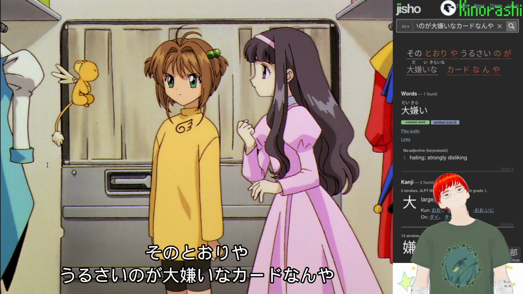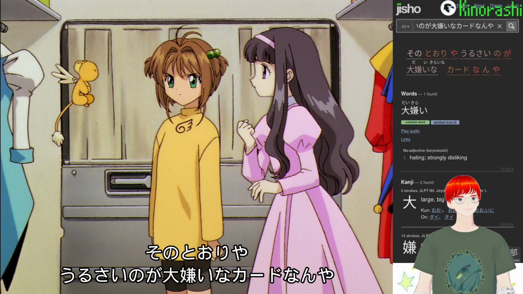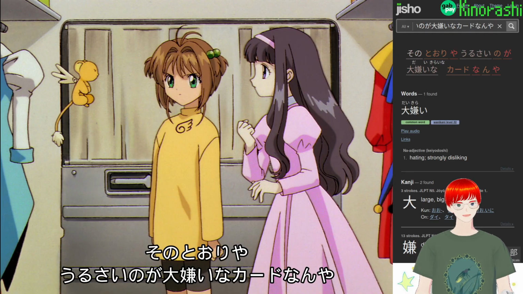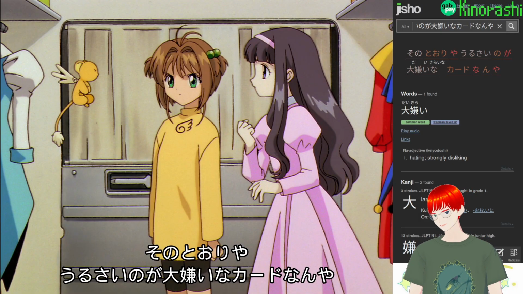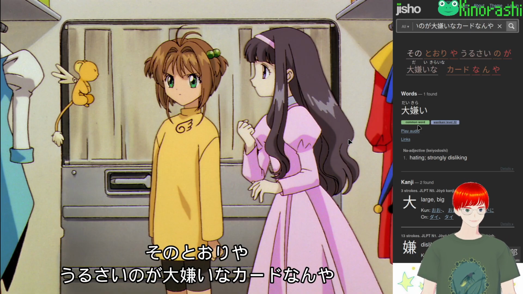Now, how does this mean that the kado hates it? This is the topic of the sentence indicating that, okay.